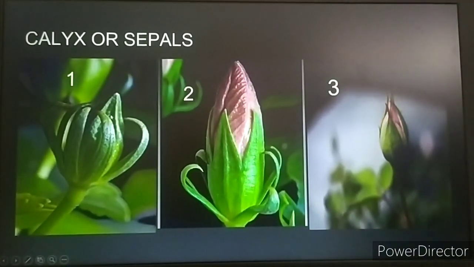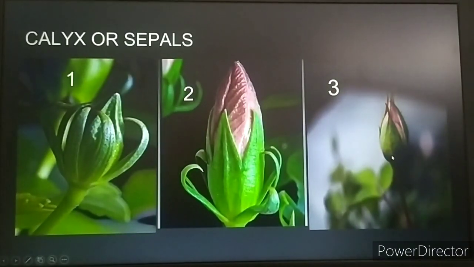It was enclosed inside the calyx. So we can say this calyx is protecting the three other whorls of the flower by enclosing them inside in the bud stage, when the flower is in bud stage. Bud means kali.